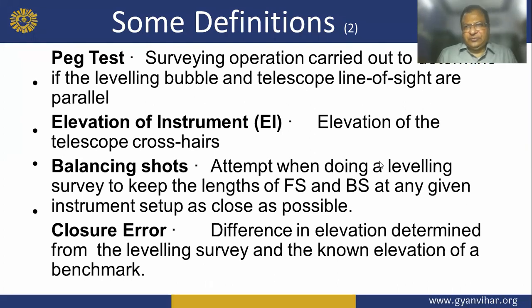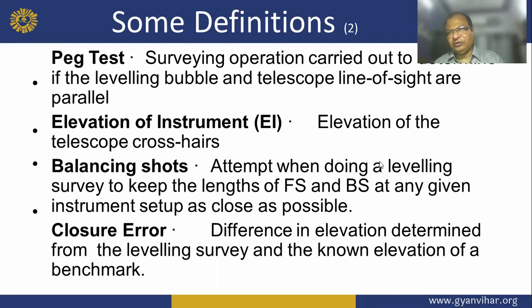Now some definitions. Peg test: a surveying operation carried out to determine if the leveling bubble and telescope line of sight are parallel. Now elevation of instrument, so the elevation of the telescope cross hair.